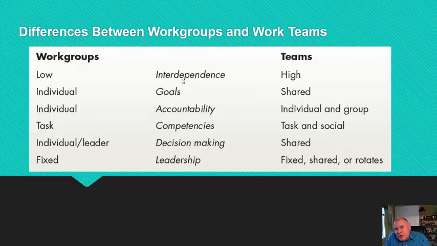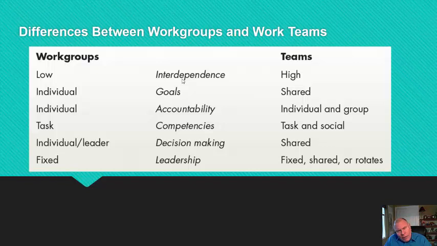The competency needed to be successful working in a group is to focus on the task. That's how you will be successful. When you move into a team, there are also social skills needed. So you need to have competencies in social skills as well as task or work-related skills. Next is decision making. In work groups, it's an individual or there's a leader. But in teams, the decision making is shared.